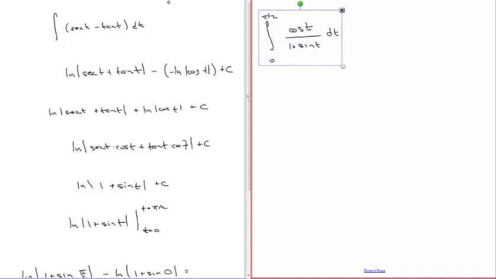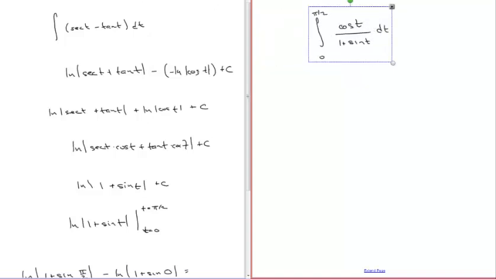So what we would do is you could use the u substitution, which would say u is equal to 1 plus the sine of t, and therefore du is equal to the cosine of t dt. So we can make the substitution, and we'll substitute back in and do it in terms of t instead of the u variable. So we're going to integrate from t equals 0 to t equals pi over 2, of cosine of t, so that's du.